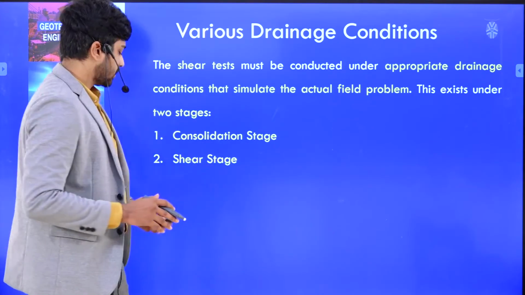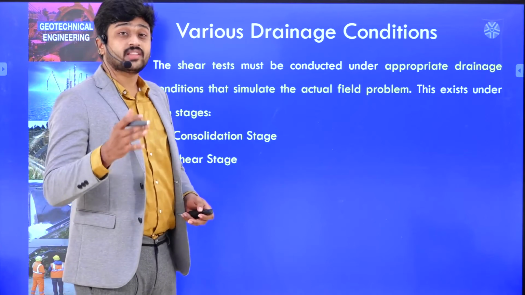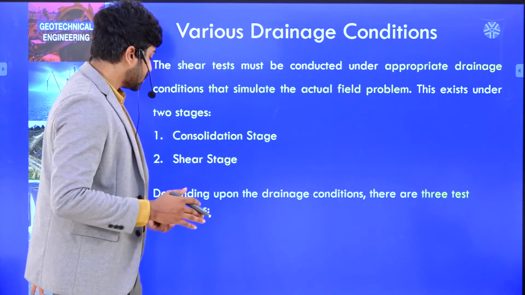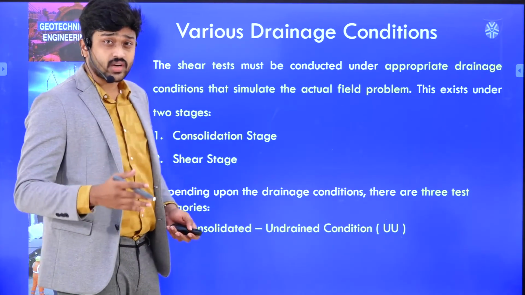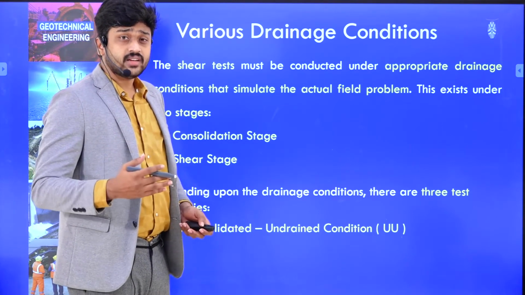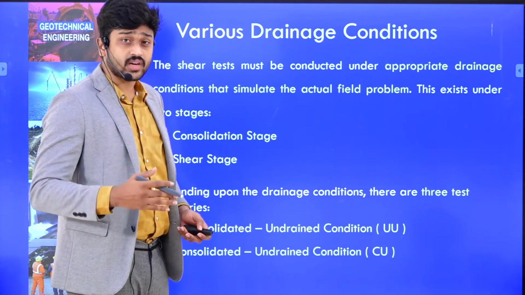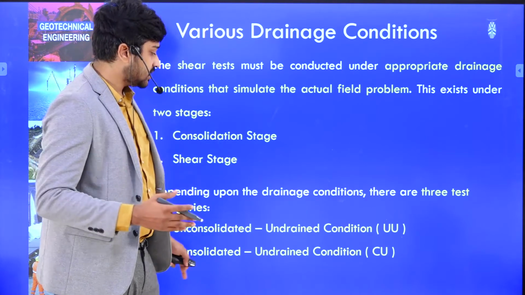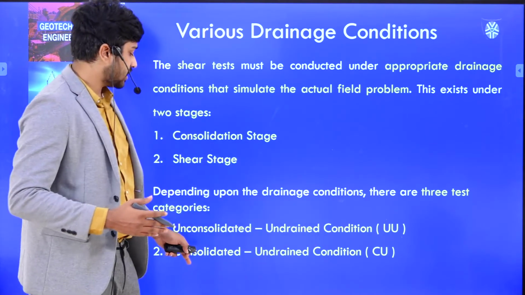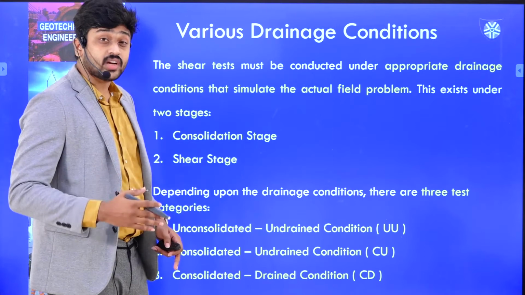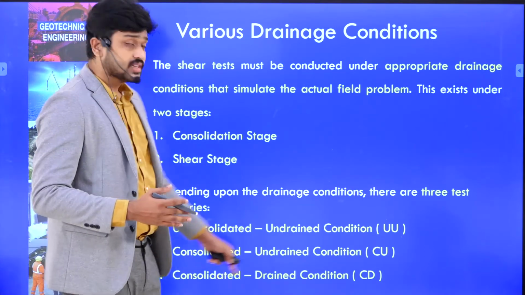This can be applied under three different conditions. We have discussed the unconsolidated undrained condition, then the consolidated undrained condition, that is the CU condition, and finally the consolidated drained condition, that is the CD condition.